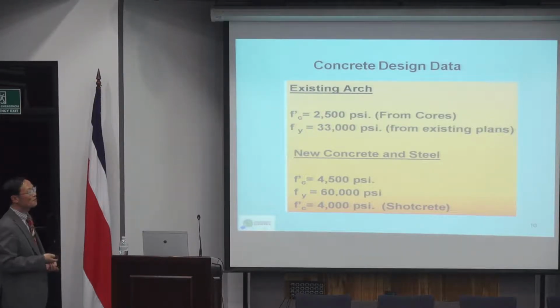So the concrete strength did not change. And the original rebar was a very old rebar, actually square rebars, at about 33 ksi. For the new ones, they use new concrete at about 4.5 ksi, and 60 ksi for regular reinforcement, and shotcrete concrete uses that.